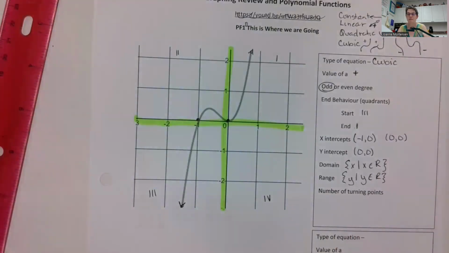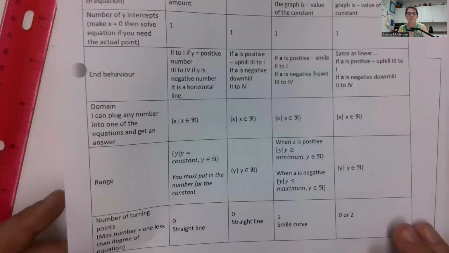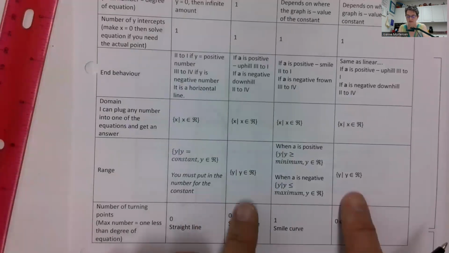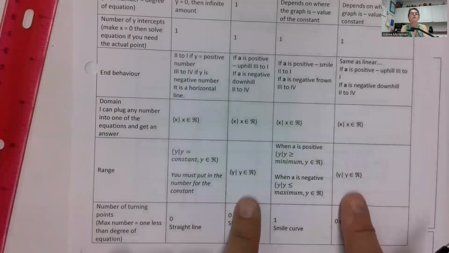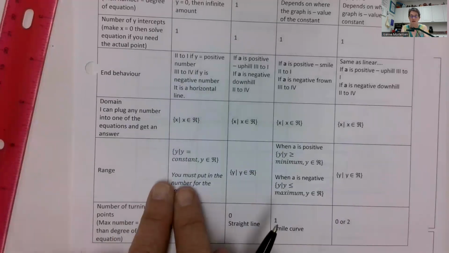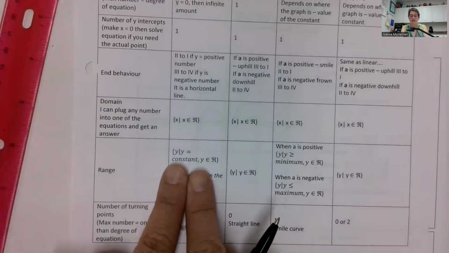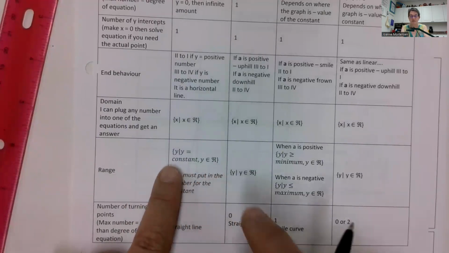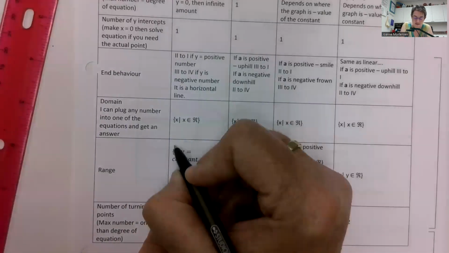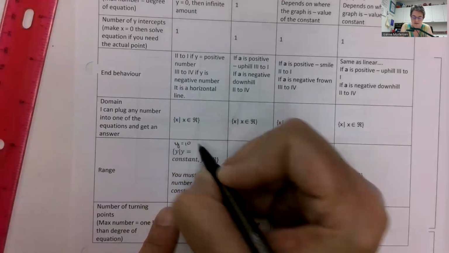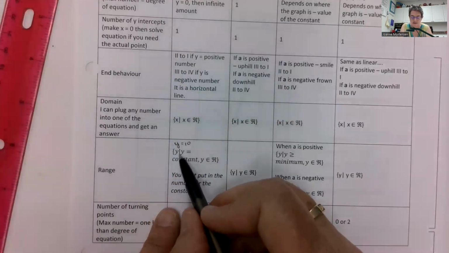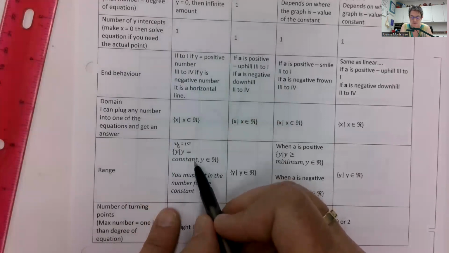Oh, by the way, bring that chart back for a sec. When it comes to range, if you have nothing, put this. If you have no idea, because at least 50% of the time you're going to be right. If you're doing a straight line, so if my equation is y is equal to 10, then you put y such that y equals 10, right?